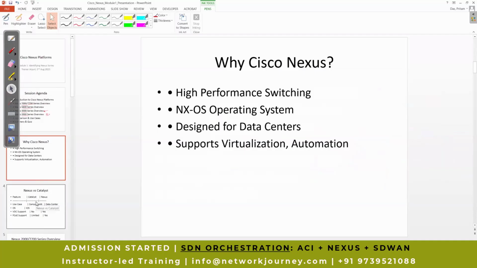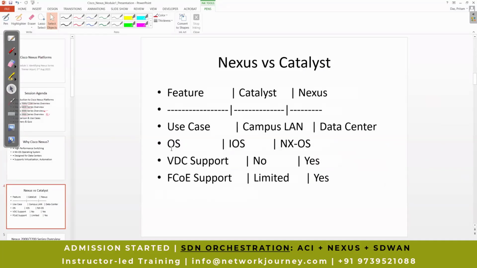Then we have another slide which gives us an overview of what Nexus and Catalyst are and the difference between them. Here you can see, as I mentioned earlier, Catalyst is more around the enterprise network, like campus LAN, where we can use them.